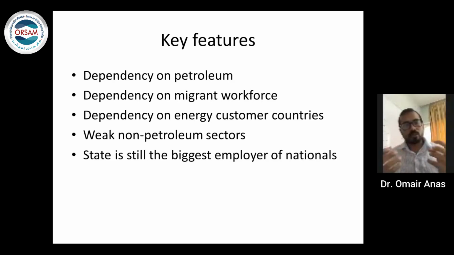How did they do? For example, they cannot impose taxes on their own population, but they can impose new taxes on the foreign workers, because foreign workers are not their nationals. Foreign workers are just their guests, and they may not object in that way. And especially the workers coming from India and Pakistan and Bangladesh, they are very poor, very ordinary people.